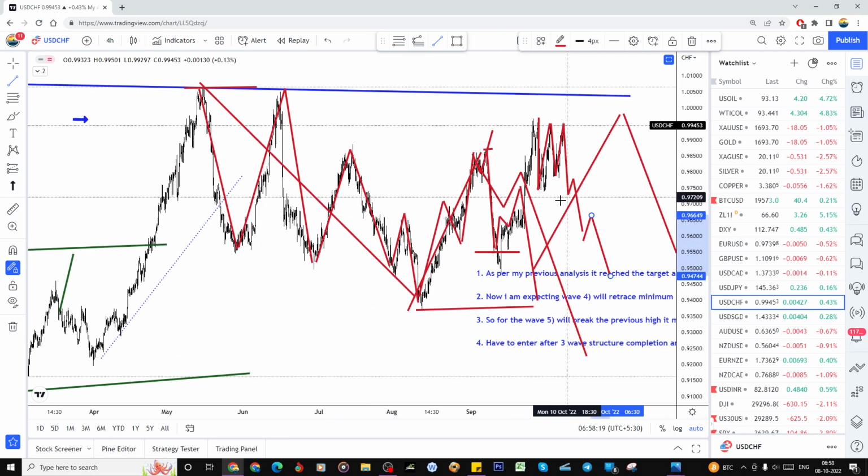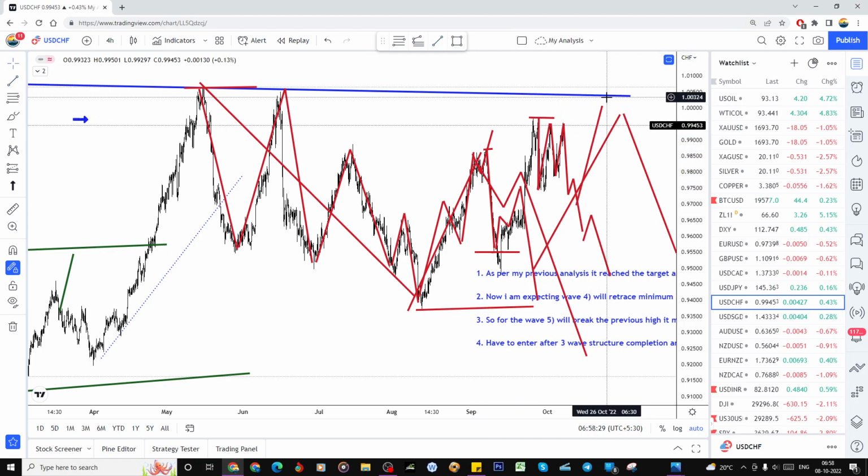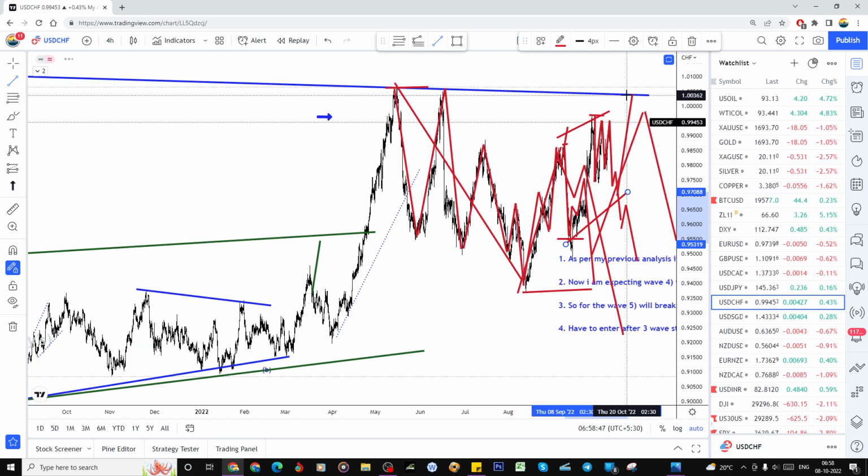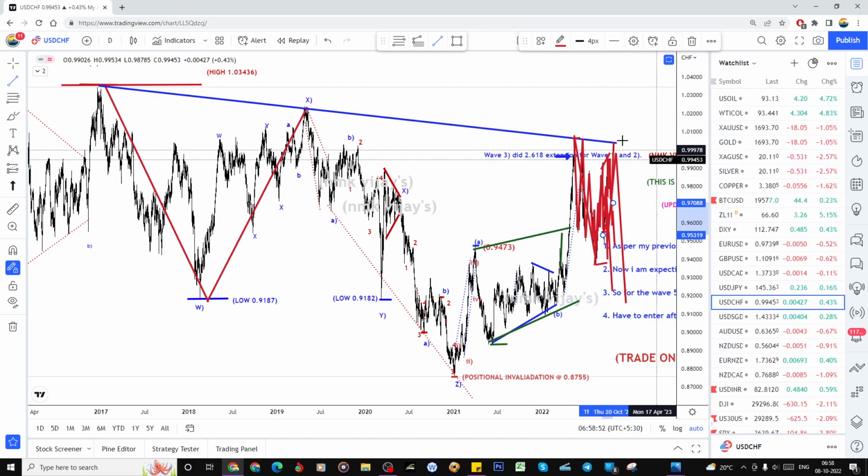So in that case, again it reached here, and if it breaks all this top, this could also be possible in that formation like this. So in the ABC, the B is the complex correction, and again the C, but not to break this. If it breaks this, then the bigger complex correction will be active here.